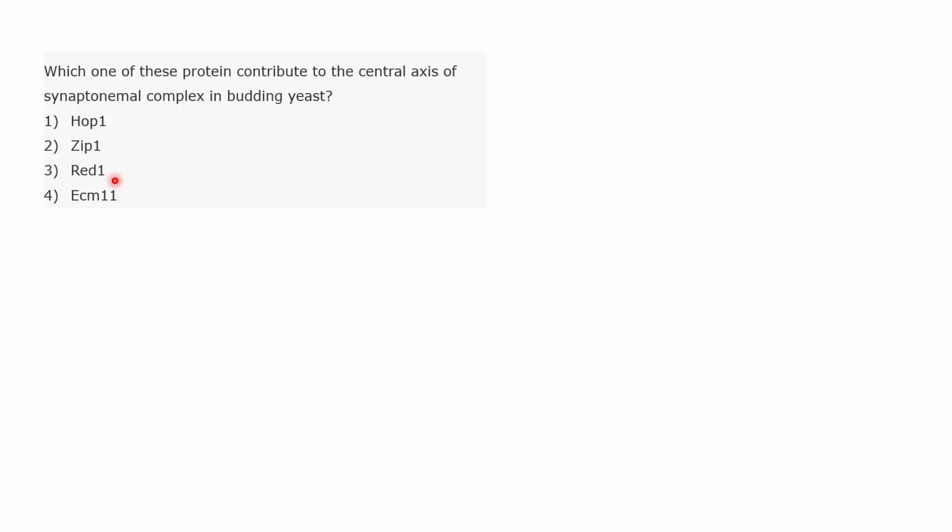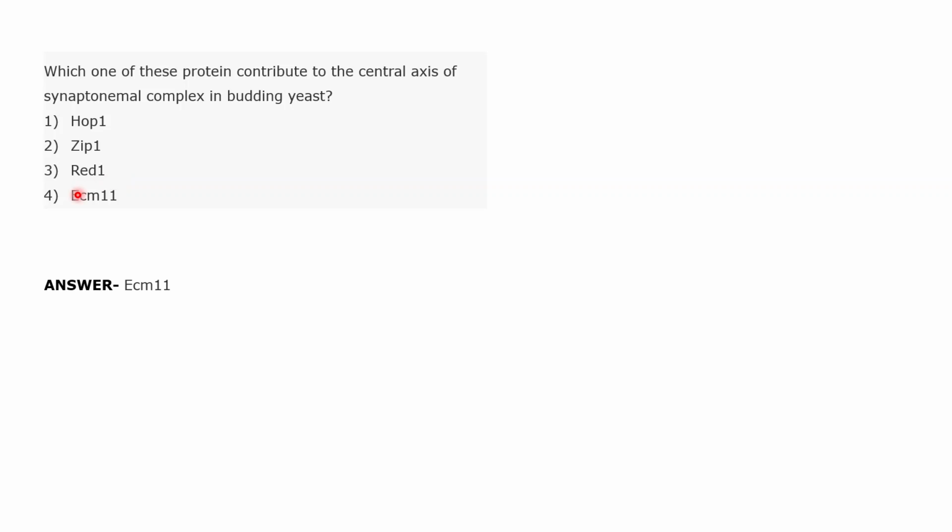HOP1, SIP1, RED1 or ECM11? Okay, so I think I will just give you the answer.